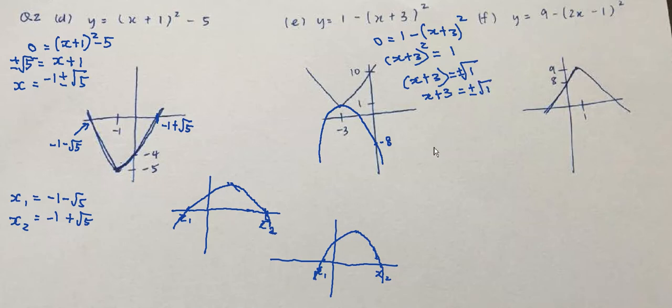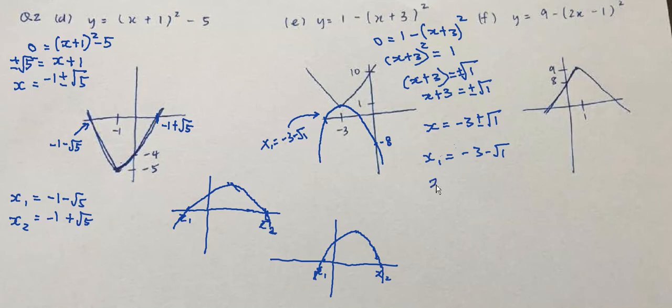Let's take the smaller value x1. I move the x, so it becomes minus 3 plus minus square root 1. So x1 is minus 3 minus square root 1, and this point here becomes x1.